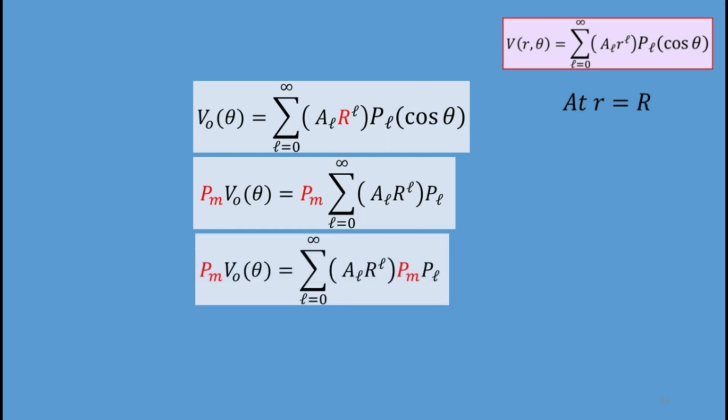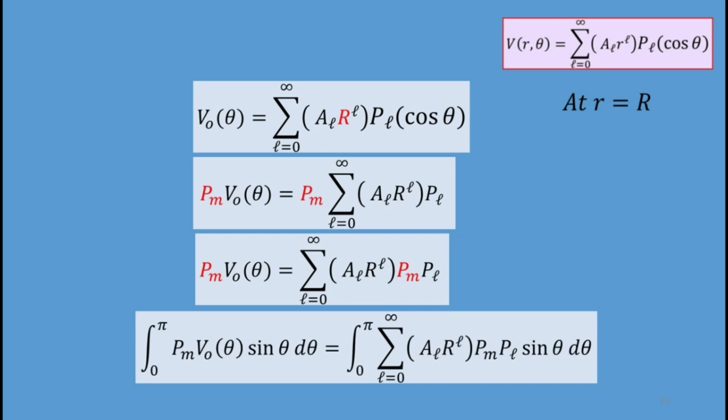So we get Pm V0 of theta equals the sum from l equals 0 to infinity of Al R to the power l Pm into Pl. So the integral from 0 to pi of Pm V0 of theta sin theta d theta equals the integral from 0 to pi of the sum from l equals 0 to infinity of Al R to the power l Pm into Pl sin theta d theta.